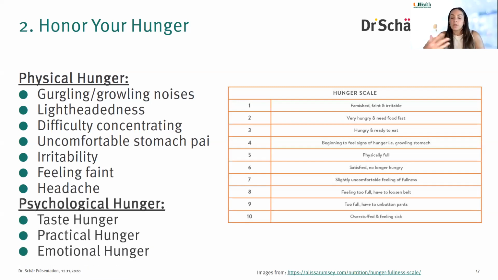The other school of hunger, the other way that we feel hungry, is psychological hunger. That's when we think about food, or maybe see food, like you're at a bakery and you see a cookie. Maybe you weren't hungry for the cookie, but you saw it and decided you wanted to eat it. Or maybe you all of a sudden have a craving for French fries.